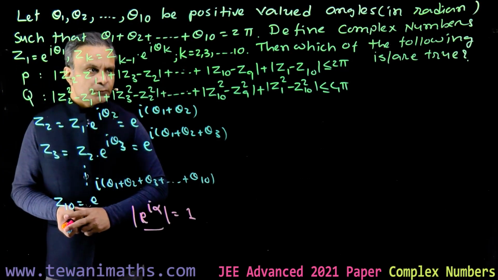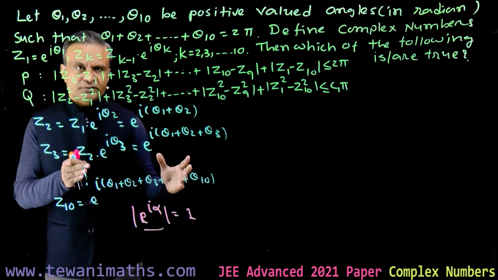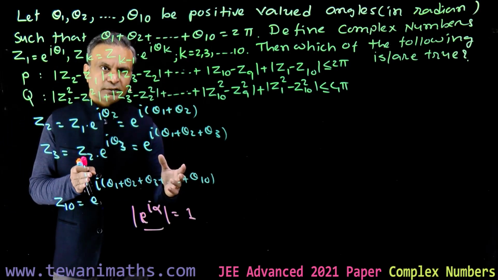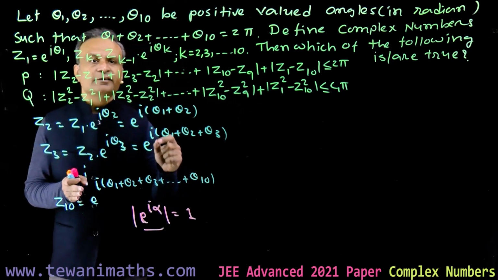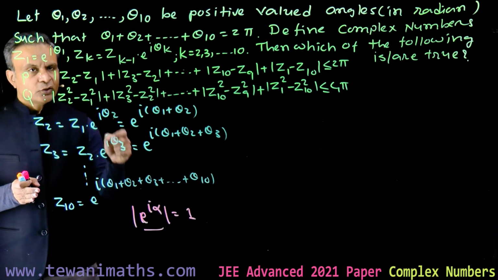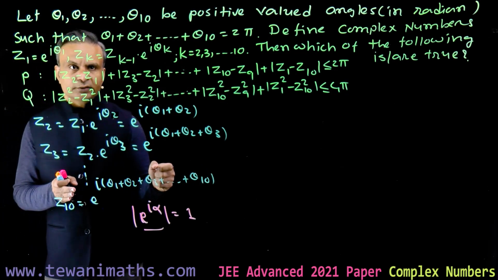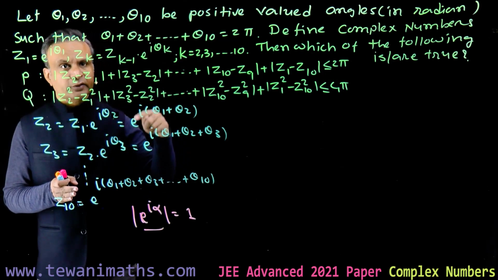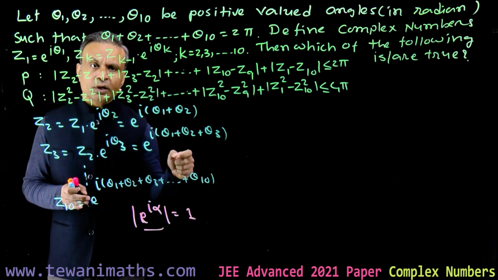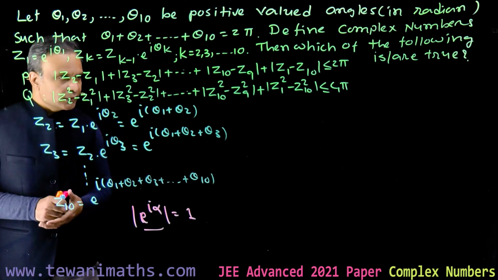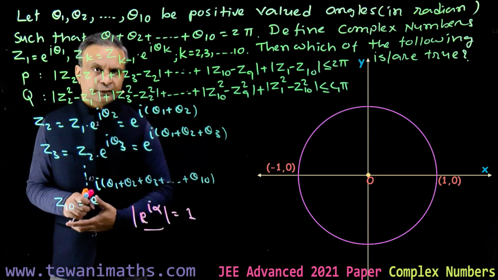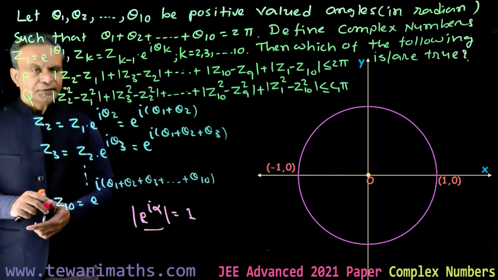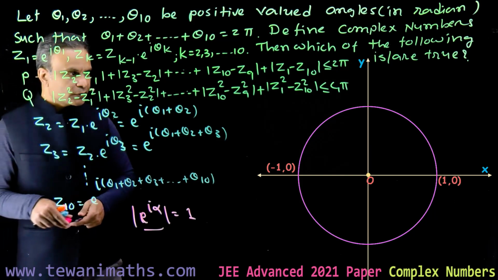So all these complex numbers lie on the circle whose radius is 1 and center is 0. Every complex number has modulus 1, so all these complex numbers will be on a circle whose radius is 1 and center is the origin. So here we have a circle on the Argand plane whose radius is 1 and center is the origin.